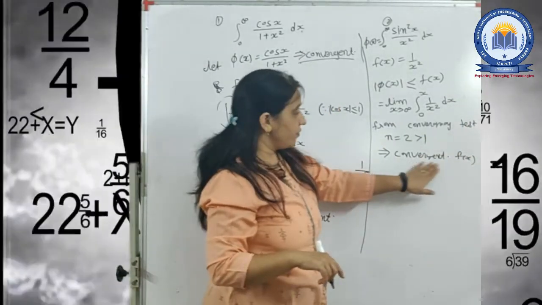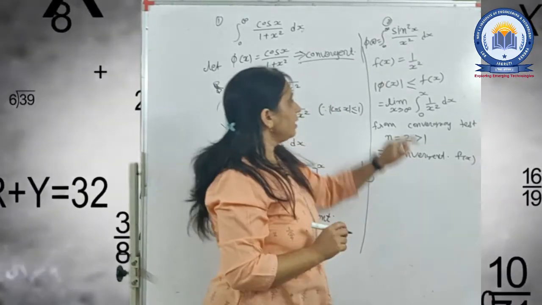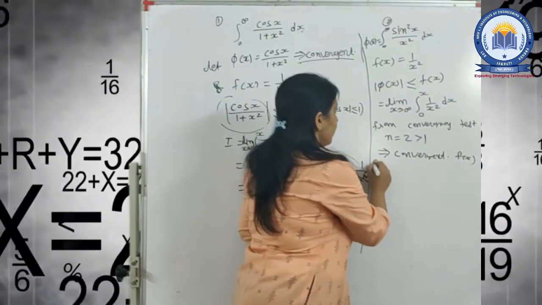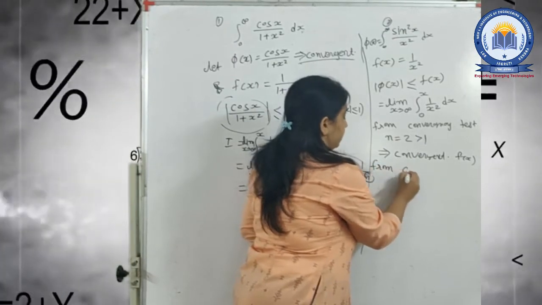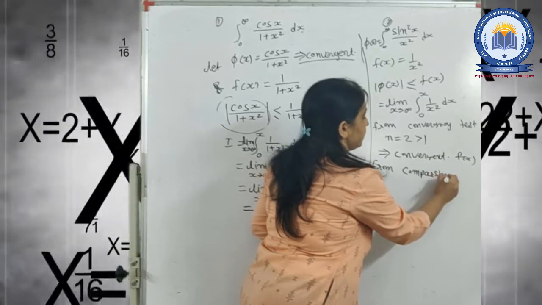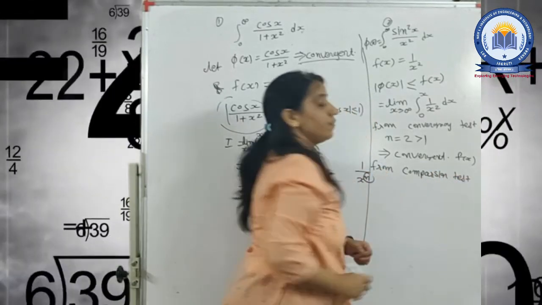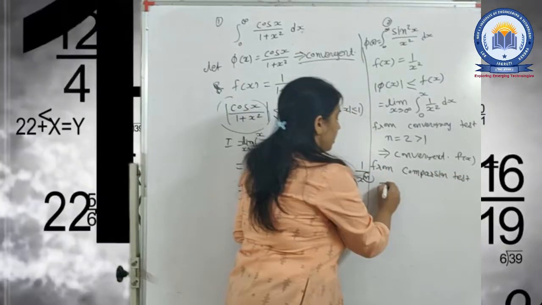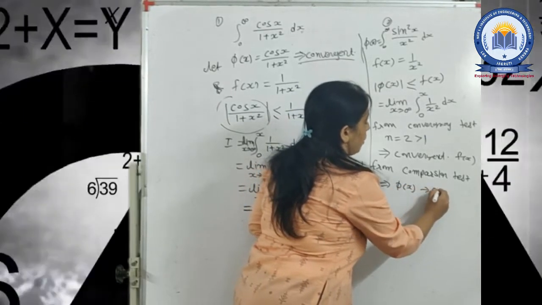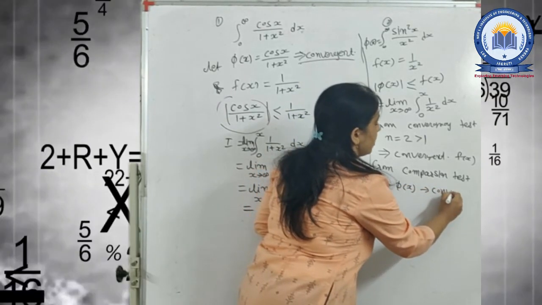Now, if fx is convergent and this condition is satisfied, then from the comparison test we can say that phi x is also convergent.